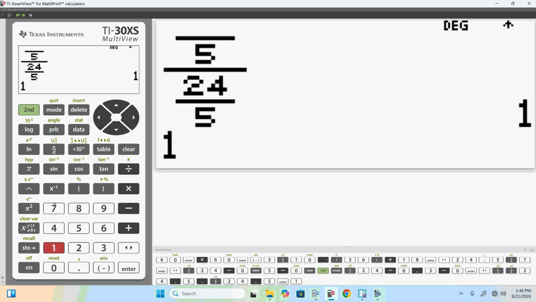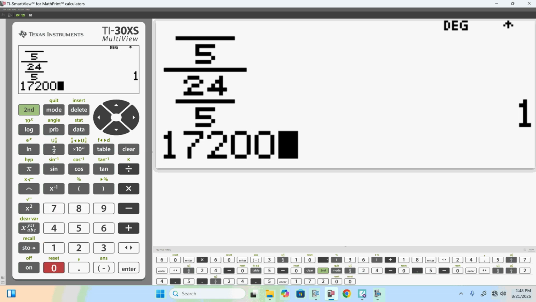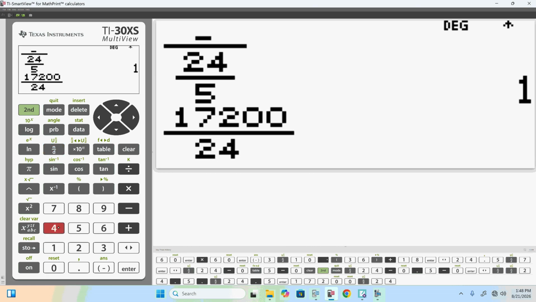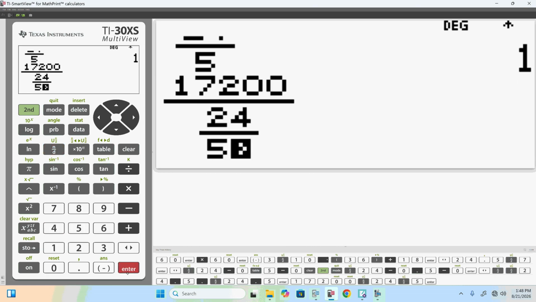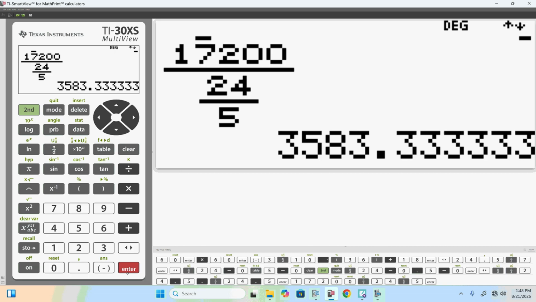That means we also have to take 17,200 and divide it by 24/5. And if we do, we get 3,583.3 repeated. We'll just round to 3,583.